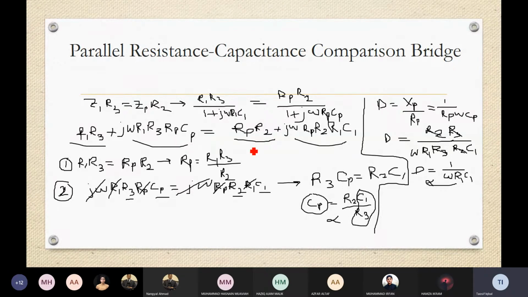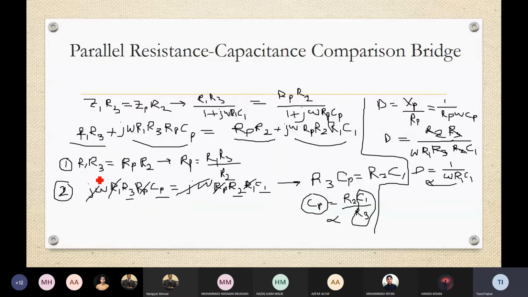On the other side, we have Rp R2 plus j omega Rp R2 R1 C1. Now we can equate the real components and find the value of Rp. Similarly, we equate the imaginary components and get the value of Cp.